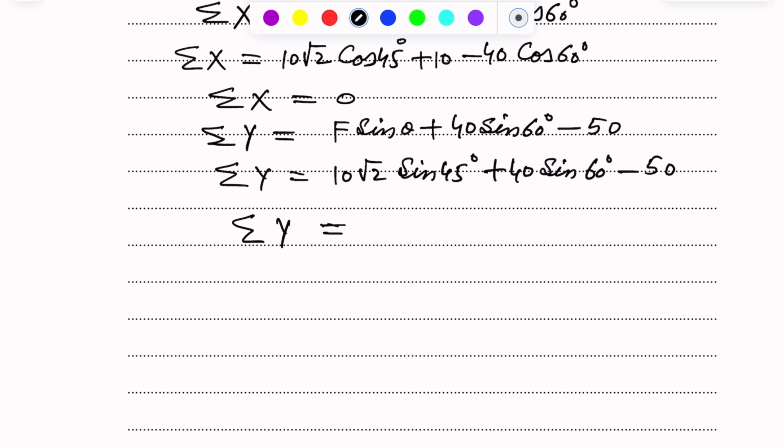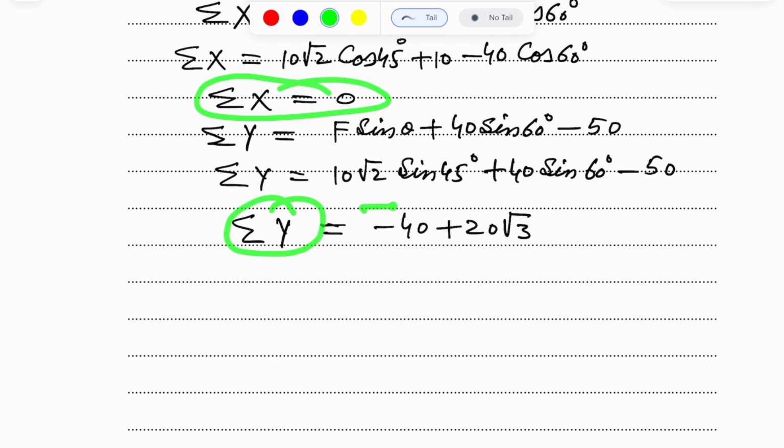So we get summation y equal to minus 40 plus 20 under root 3. Now summation x is equal to 0, and summation y is equal to minus 40 plus 20 under root 3.